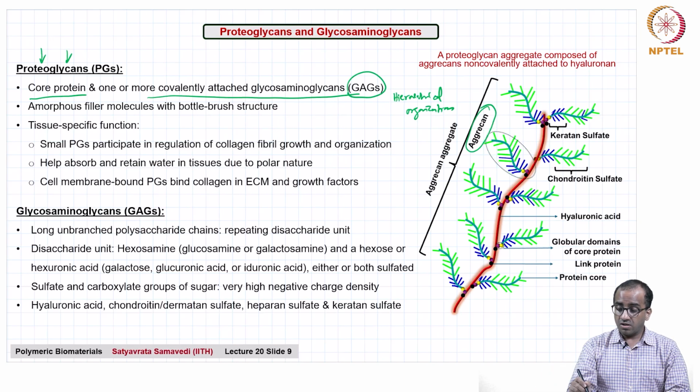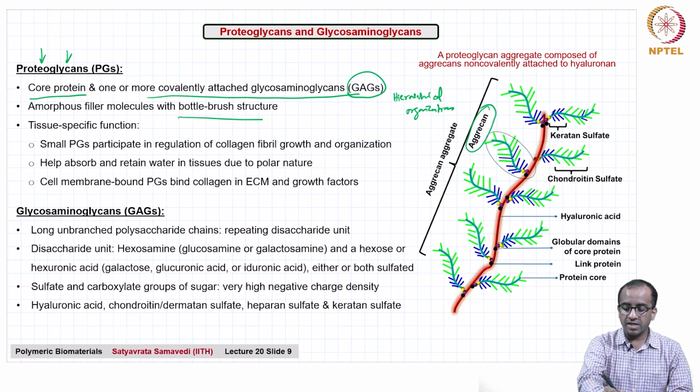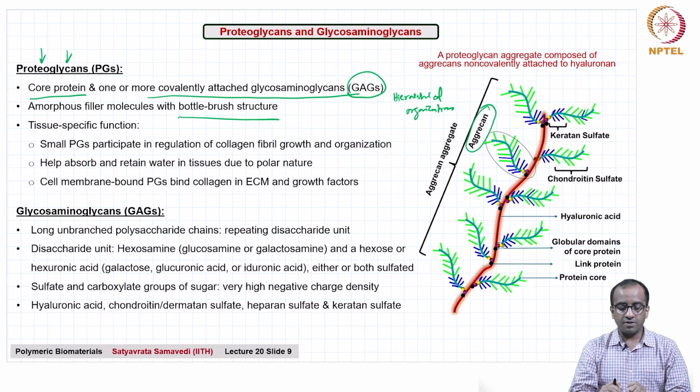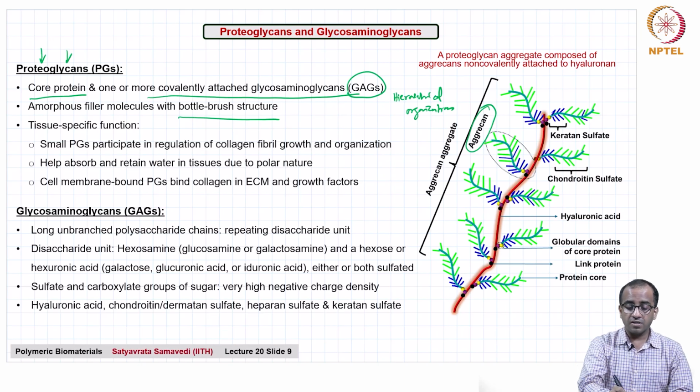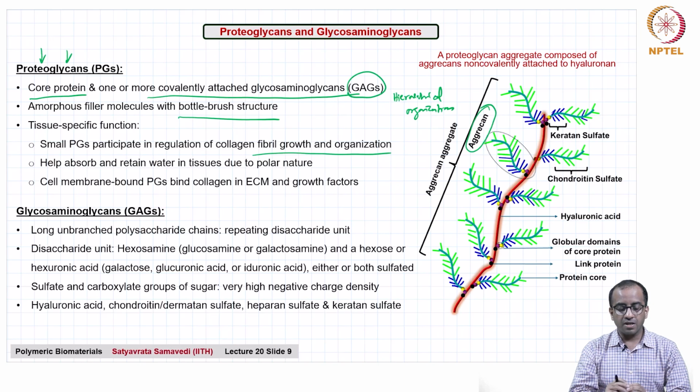So, what we are seeing here is that they have this bottle brush like structure, and they have very tissue specific functions. For example, small proteoglycans participate in collaboration with collagen for fibril growth and organization.